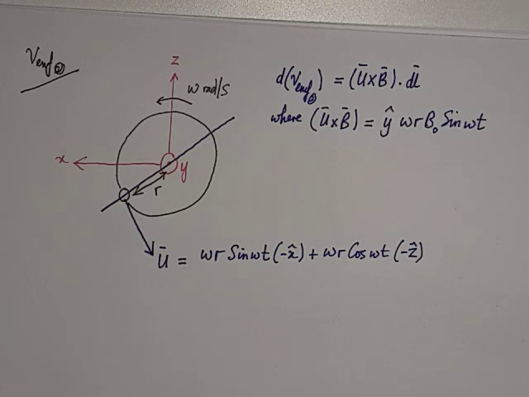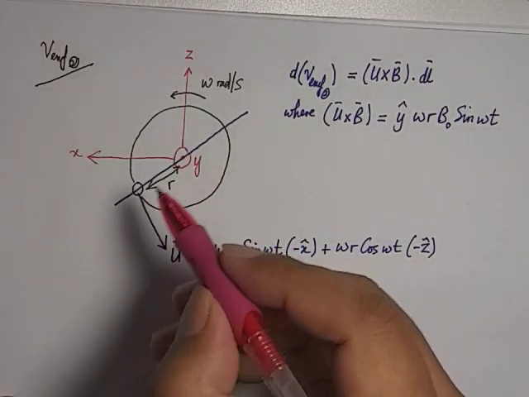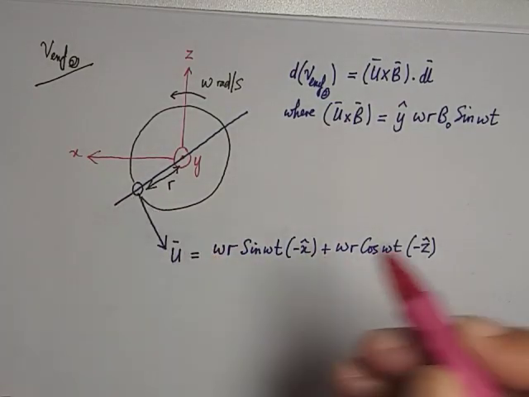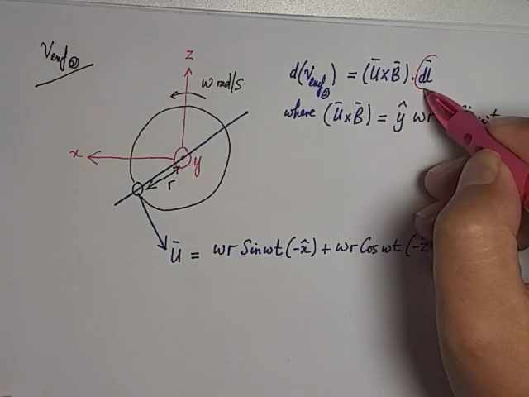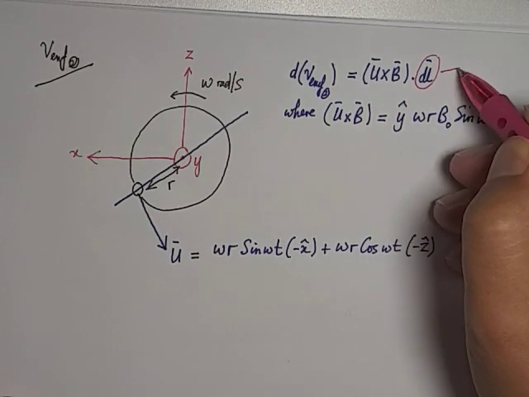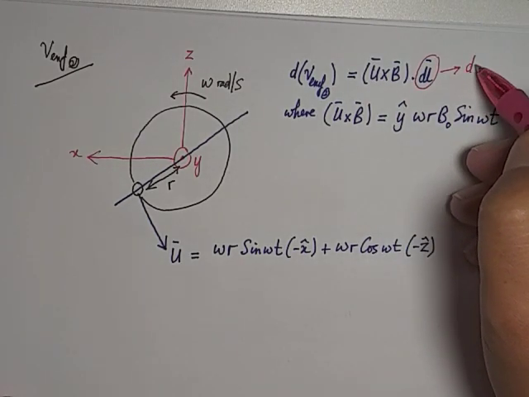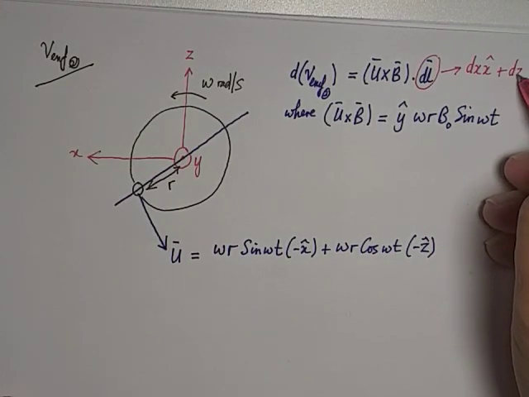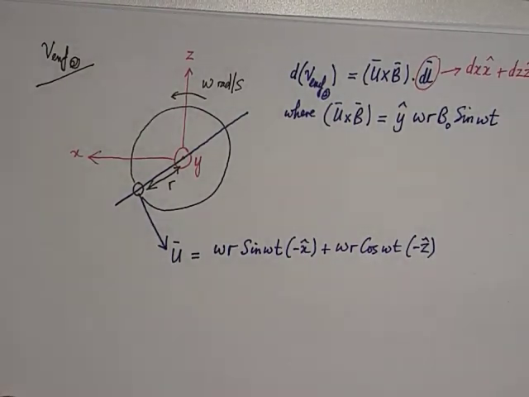Okay. So now, how about the dl? Based on this diagram, we can state that dl is going to be represented mathematically as dx in the x direction plus dz in the z direction.